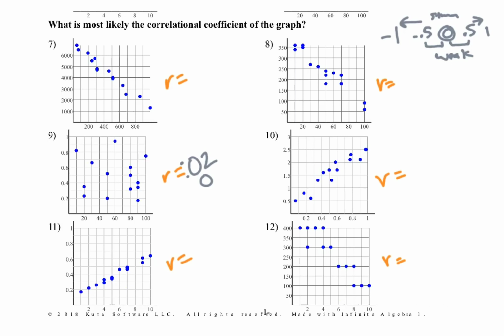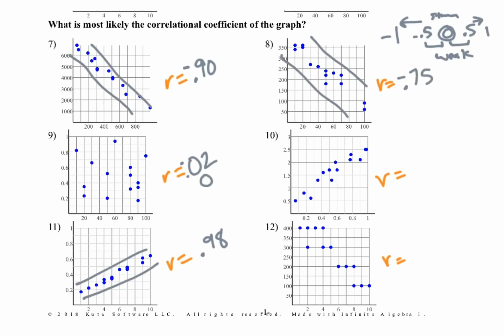Now the ones that are the least spread out are going to be the ones closest to 1 and -1. If I look at 11, it looks closer together than 7, so I'd probably call that like 0.98, probably really high. Whereas 7 maybe would be more like negative because it's going down, -0.90, maybe even -0.8 something. Then this one's a little weaker, but still pretty strong, so maybe like -0.75.